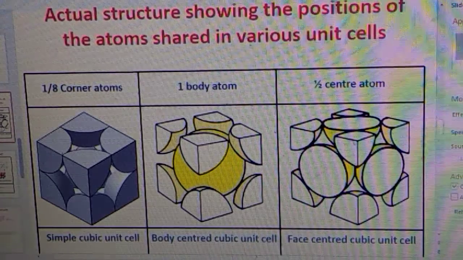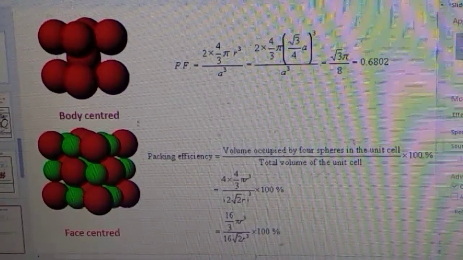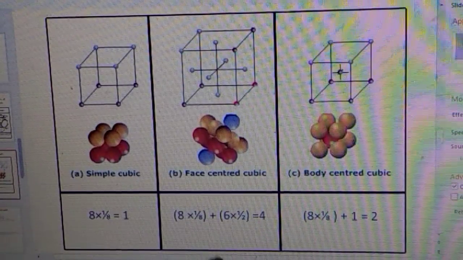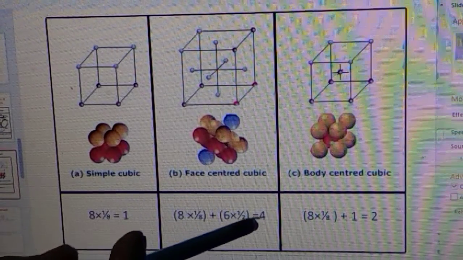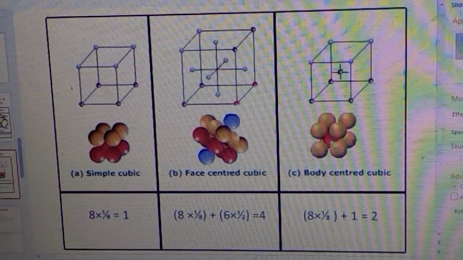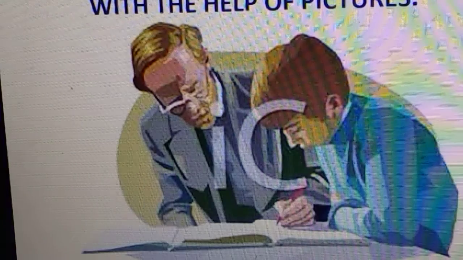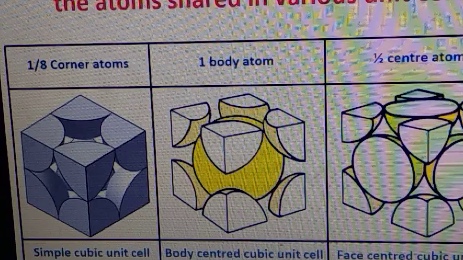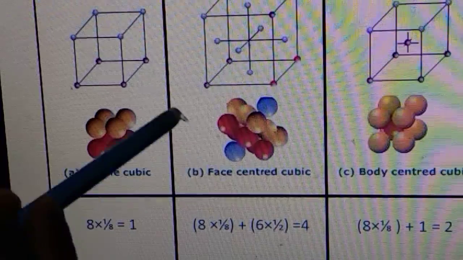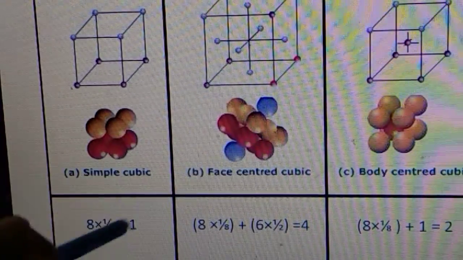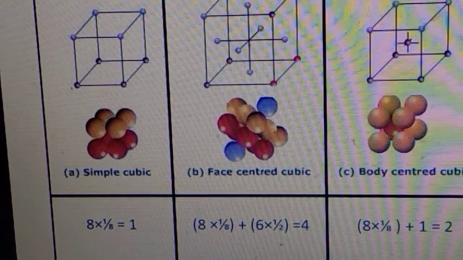So you know that the total number of atoms per unit cell is 1 for the simple cubic cell, 4 for the face-centered cubic cell, and 2 for the body-centered cell. We have already discussed this.